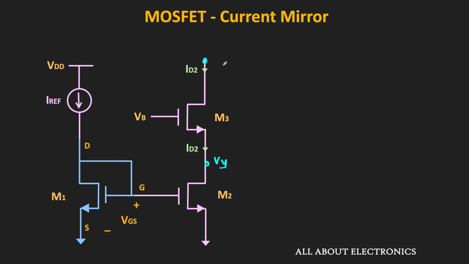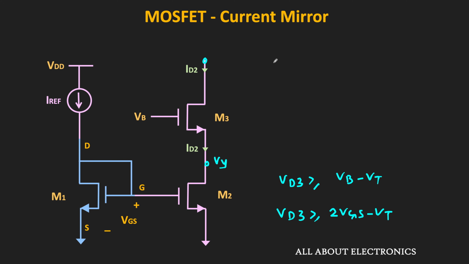Now so far we have assumed that the voltage VD3 is fixed and it is selected such that the M3 remains in the saturation. So to keep the MOSFET M3 in the saturation, this voltage VD3 should be greater than or equal to this VB minus VT, and this VB is equal to 2 VGS. That means this voltage VD3 should be greater than or equal to 2 VGS minus VT.